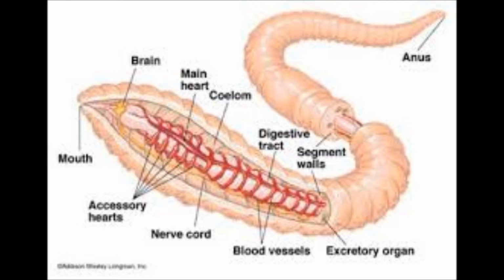Now if you look carefully, there is no backbone inside of that earthworm. No backbone at all. Let's look. Are we seeing any backbone? No. Therefore, the earthworm is an invertebrate because it doesn't have any backbone at all.